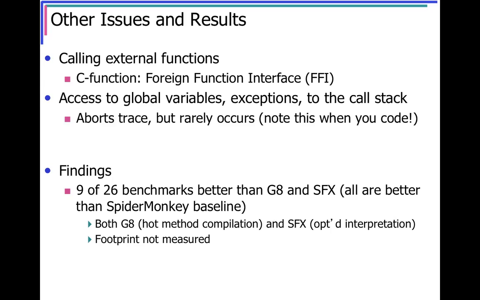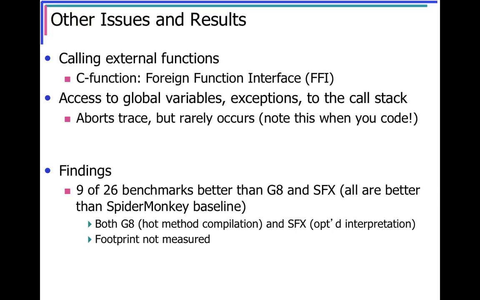And this is something you should note when you're running JavaScript. You should use global variables at a minimum, and you should rarely use exception handling to manipulate control flow. You can use exceptions to catch exceptions when they occur. That's fine, but you shouldn't use exception handling to implement control flow through your program.